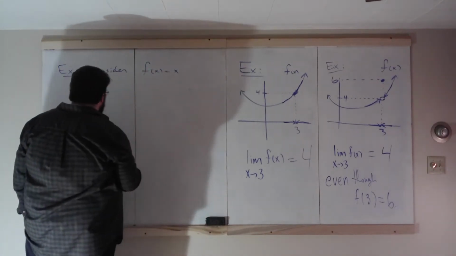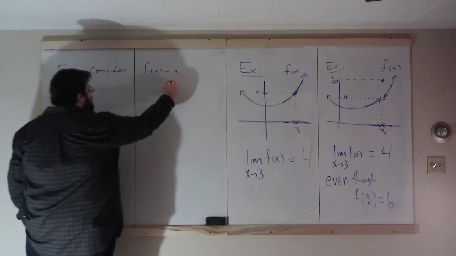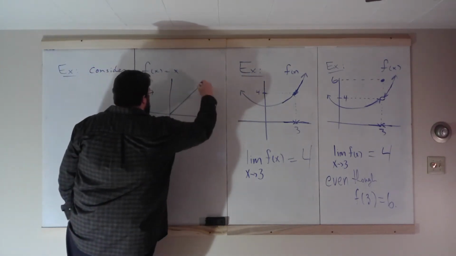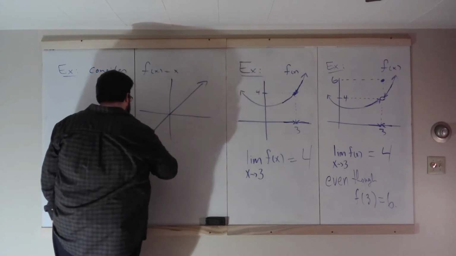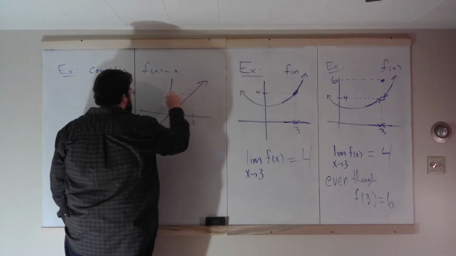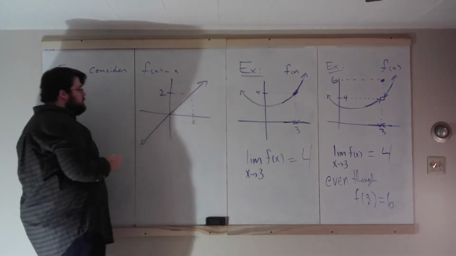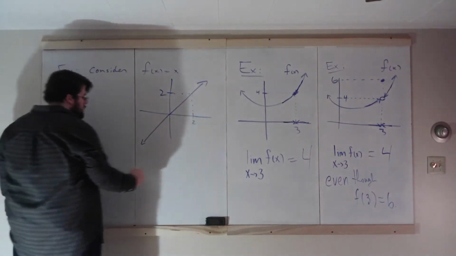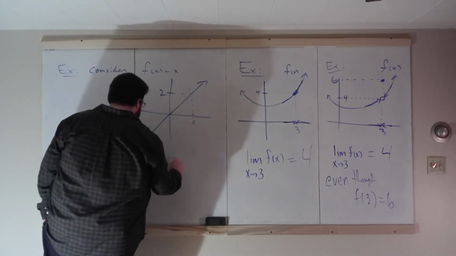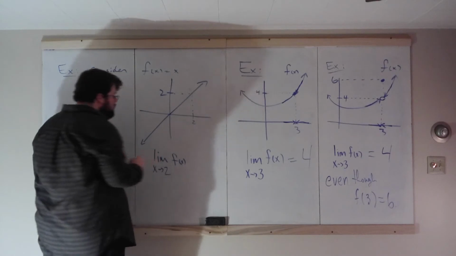And let's draw the graph here. I'm just going to mark off a point. Let's mark off 2 and 2. And here we want the limit as x approaches 2 of f of x.